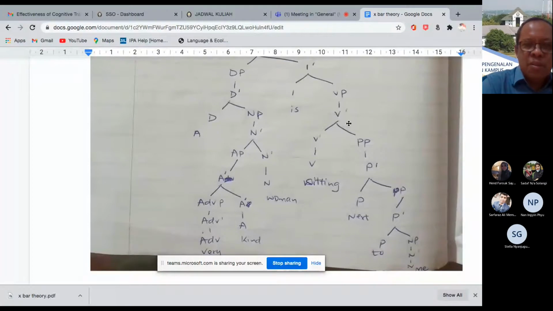The mother node of an adjunct should be X bar, and the sister node should also be X bar. The X here is an open category that can be filled with any part of speech. It can be a verb, a noun, and so on. Is it clear now? I hope that everyone can understand.